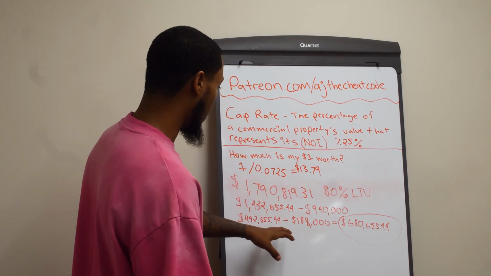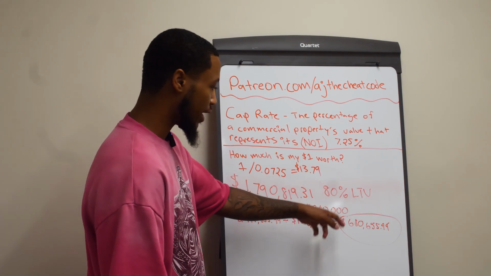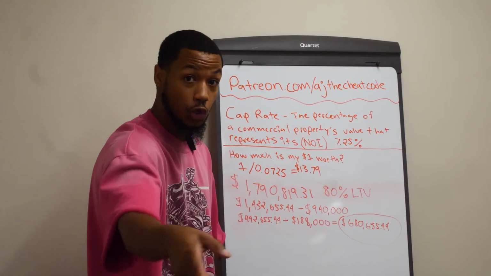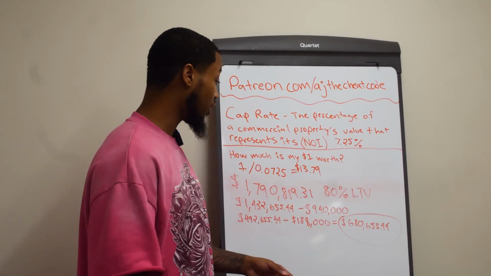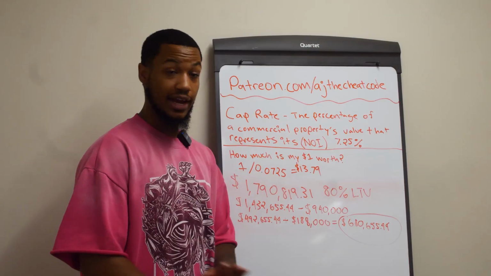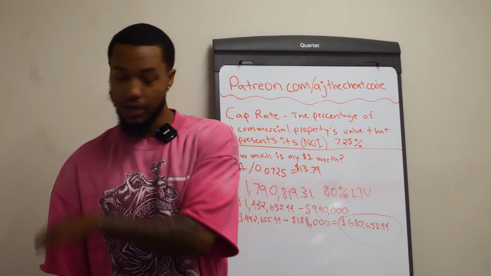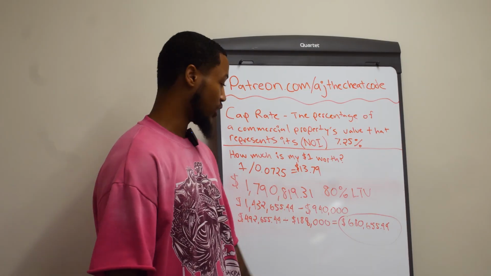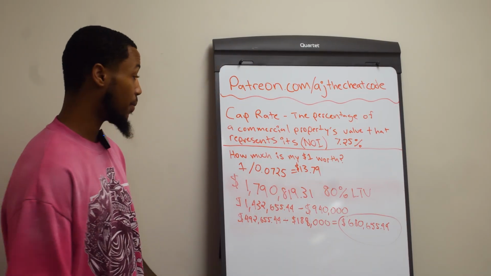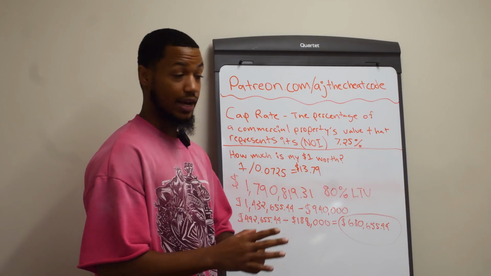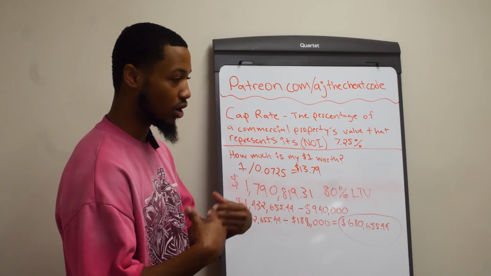So $680,655.44, if it's approved, will get wired directly to you, debt-free. You can now take this 680 grand and flush it into another property. Just like that. And then this property, which is already stabilized, meaning that it has all the tenants in it already, it has all the renovations.